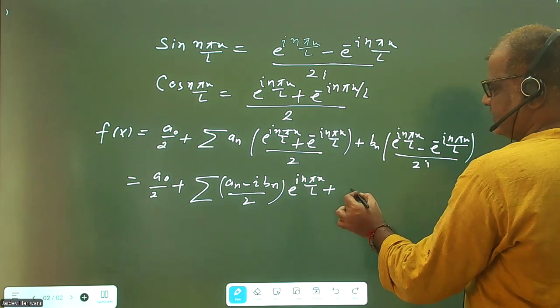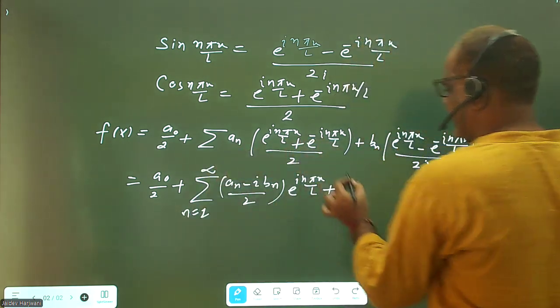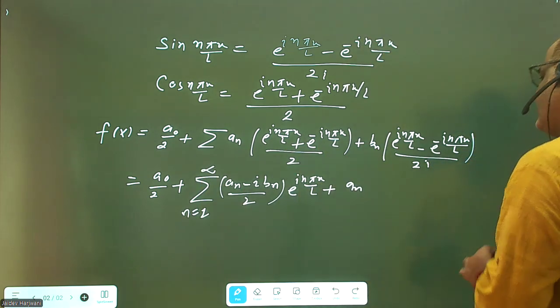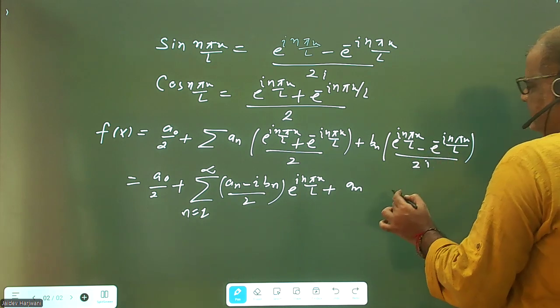You can also write the same series as the sum from n equal to 1 to infinity of an, and now this minus can be written as iota squared. So iota iota cancels, and this becomes plus.